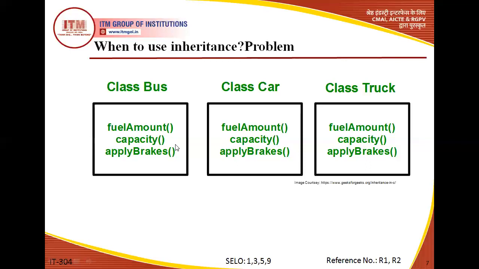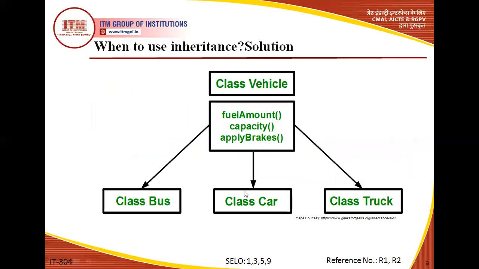To overcome this problem, the solution that has come is the concept of inheritance, where instead of redeclaring the same function again and again in all the related classes, the technique that has evolved is that only one parent class is declared, named vehicle, and these three functions are declared in this class.